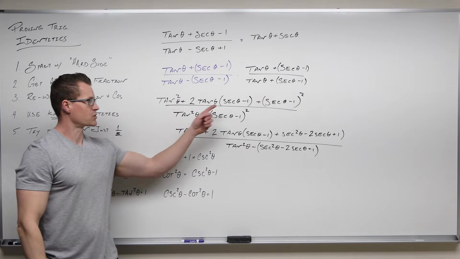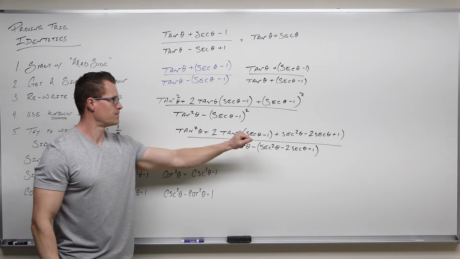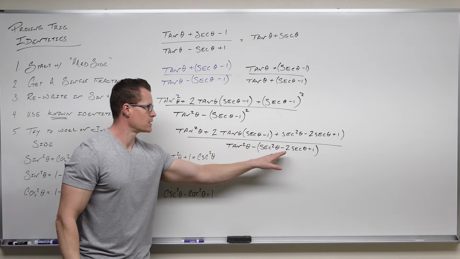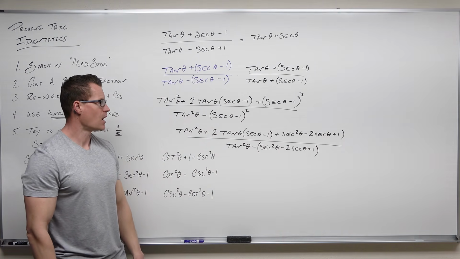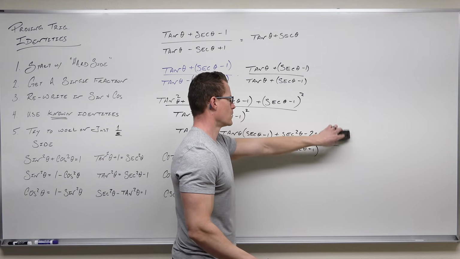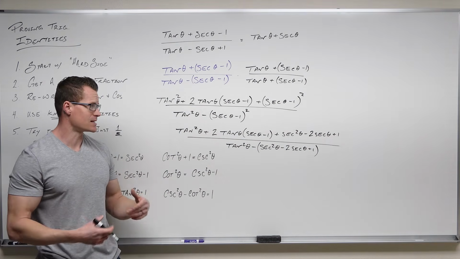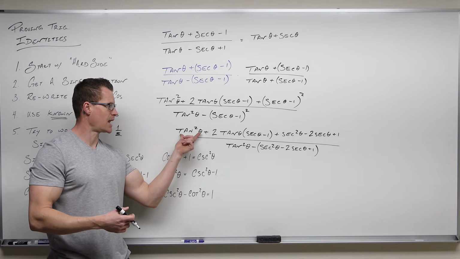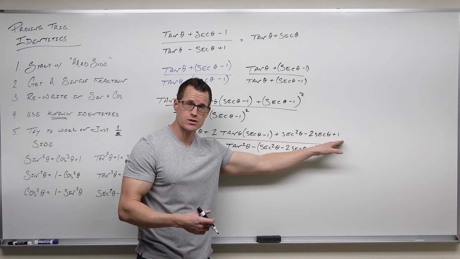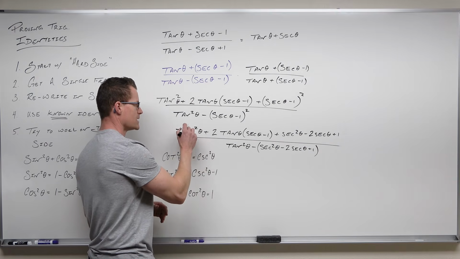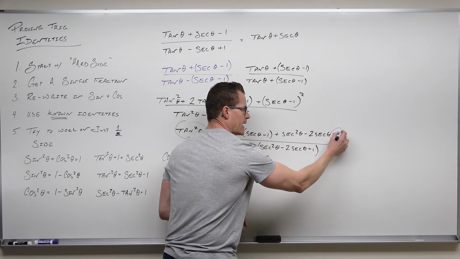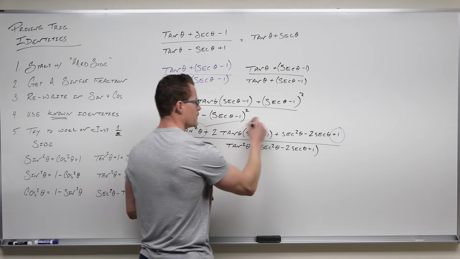So we've taken and just distributed this here and distributed this here, but noticing that I'm subtracting that, my signs are going to change. I'm also taking a look at this, looking for any identities, anything I can combine. I see a tangent squared theta plus 1. Tangent squared theta plus 1 is secant squared theta. So I'm going to take this and that, and I'm going to call it secant squared theta.